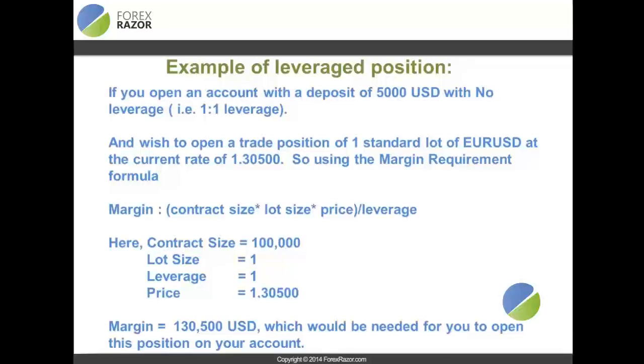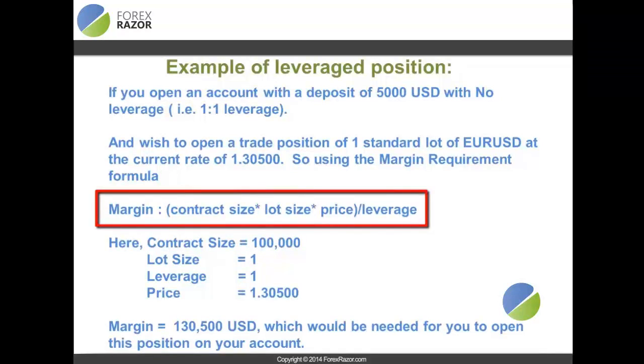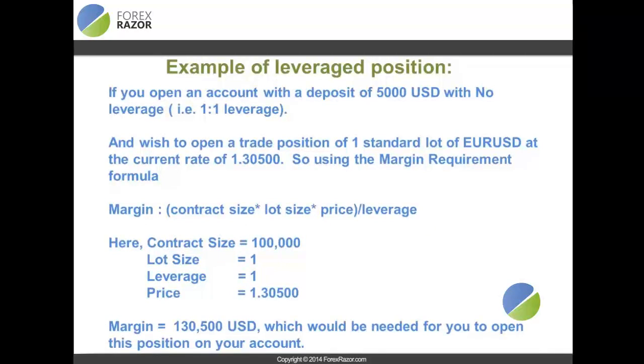So using the margin requirement formula which we went through in our margin calculations video, the margin requirement to open this one trade position on one standard lot would be contract size, which is 100,000, times lot size, which is one standard lot, times the price, which is 1.30500, the product of that divided by the leverage, which is 1 in this case.